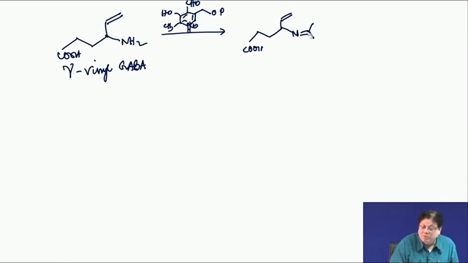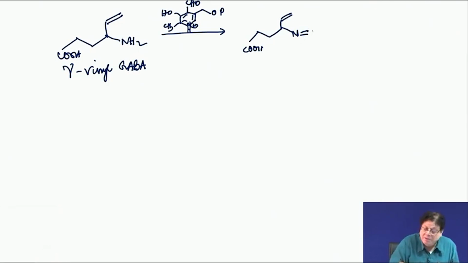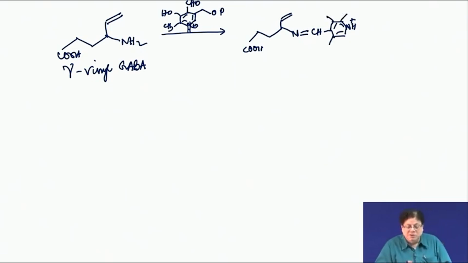So, that will form the imine. So, CH and then the pyridine nucleus NH plus and then double bond, and we are not writing the substituents, we are writing this because it is a tri-substituted system. Okay. So, once that is formed, you know that this is an electron sink because of the positive charge.